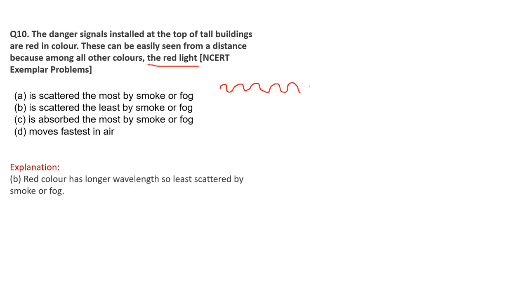The minimum scattering of the red light is going to take place. Because of this, our eyes can catch the red light. Clear? That is the reason. The red light has a longer wavelength, so it is least scattered by smoke or fog. So what should be the right answer? The B one.